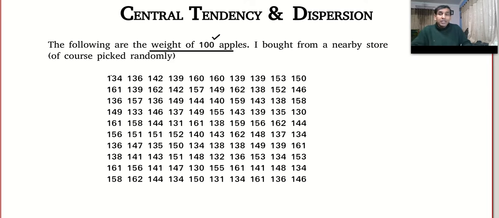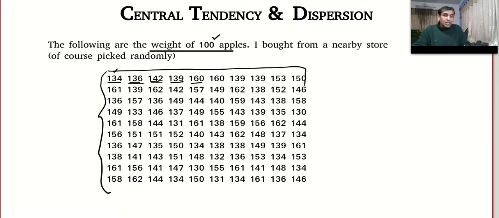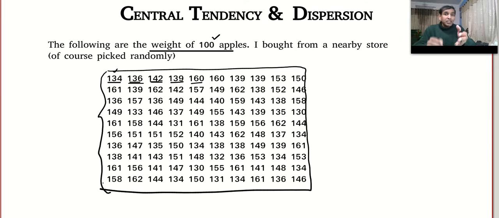I went to a nearby shop and measured approximately 100 apples, and one was like 134 gram, another was 136 gram, 142 gram, 139 gram, etc. So look at this. I have 100 pieces of information, and by looking at all these numbers, to be honest, I'm not able to figure out anything.